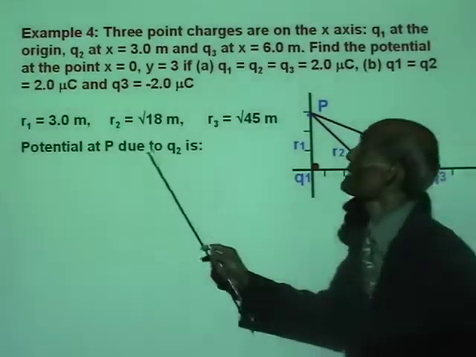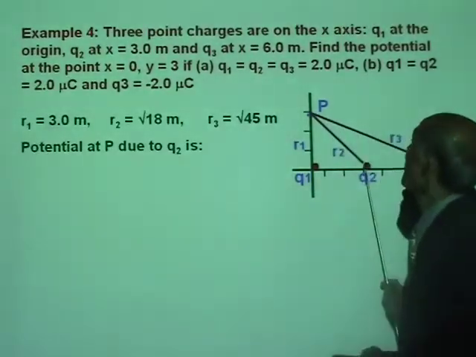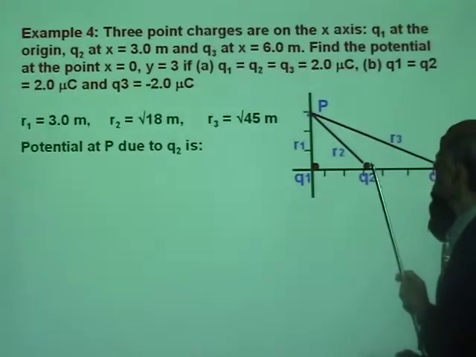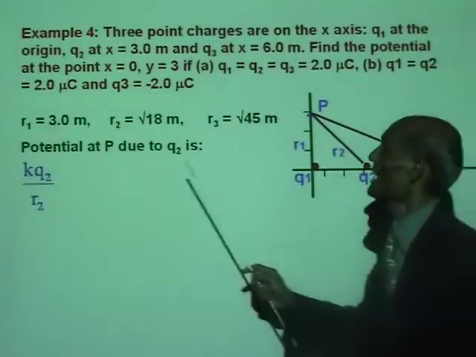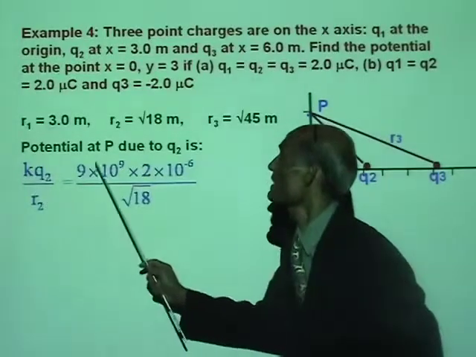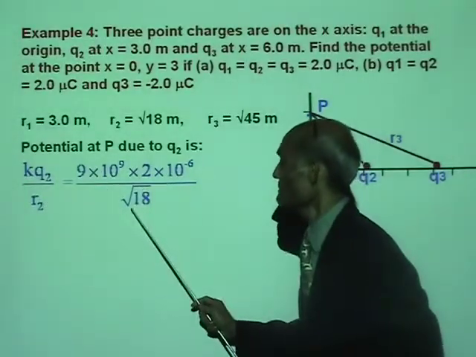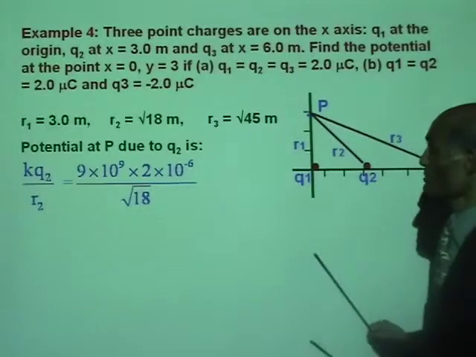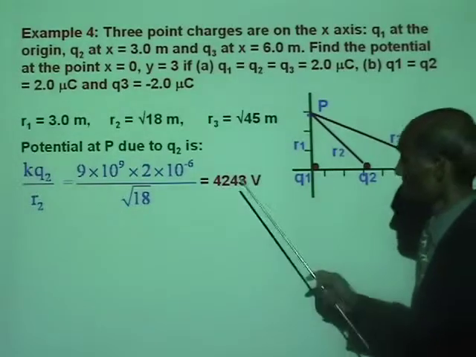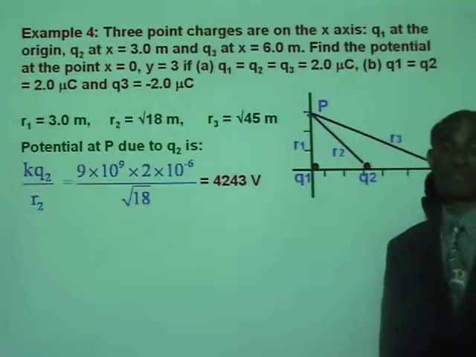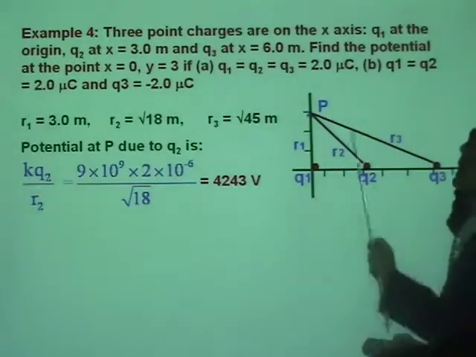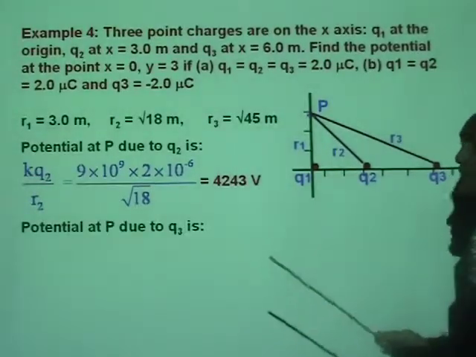What is the potential at P due to Q2? It will be KQ2 divided by R2, and put those values. KQ2 divided by R2, which is square root 18, is 4,243 volts. What is the potential at P due to Q3?